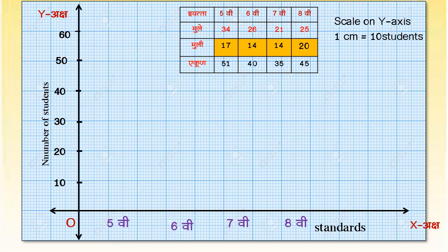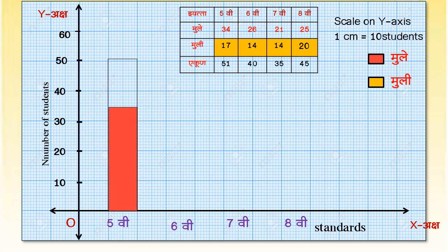Now actually drawing the graph, total number of students is 51. So draw a bar of 51 centimeter. Now red color will represent boys and yellow color will represent girls. So boys will be 34, right? So 34 centimeter by red color and remaining is yellow color.